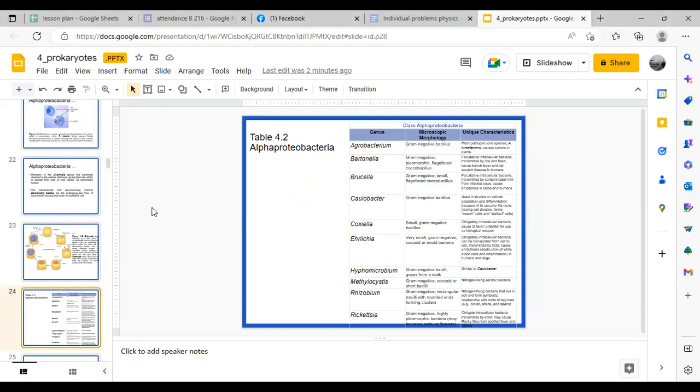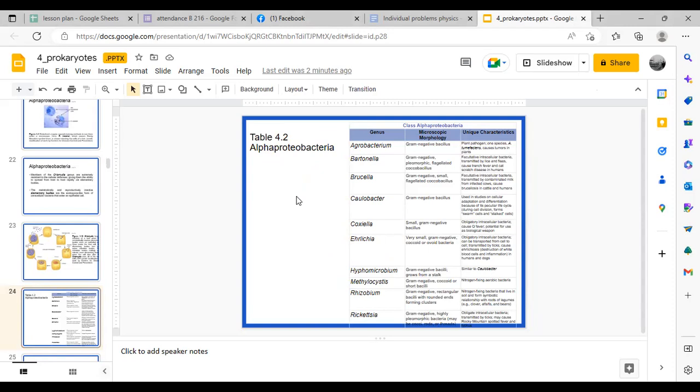Okay, so let's look at some of the alpha proteobacteria here. So agrobacterium. We're not really concerned with that because that is a plant pathogen. We only want to concentrate on those that can cause disease.